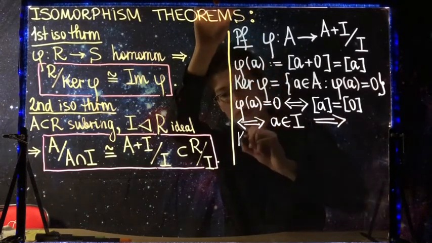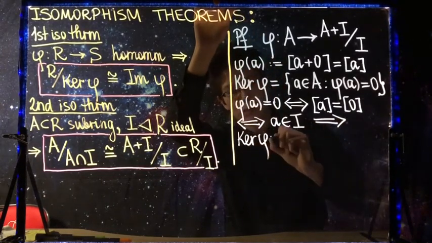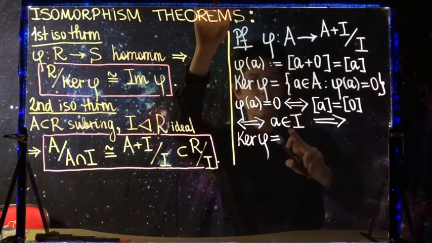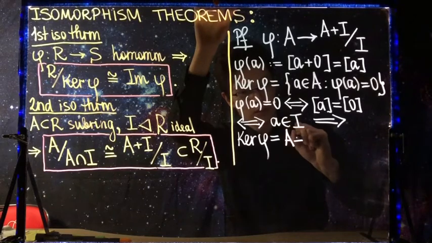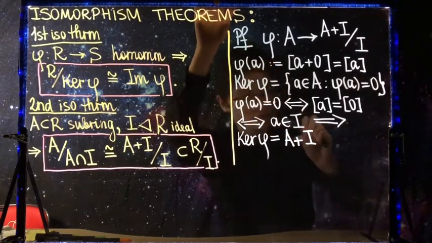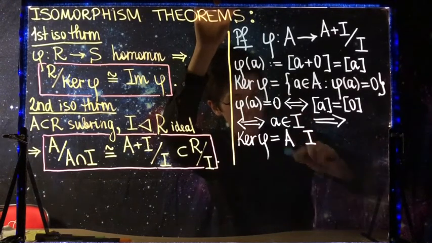And so the kernel of phi consists of those elements of A which also belong to the ideal. So it lies in A intersected with I.